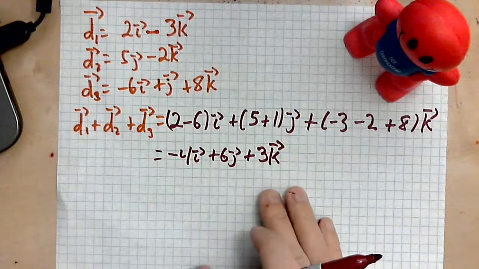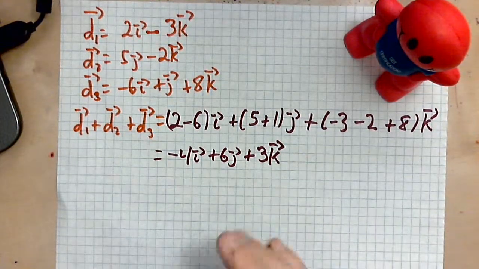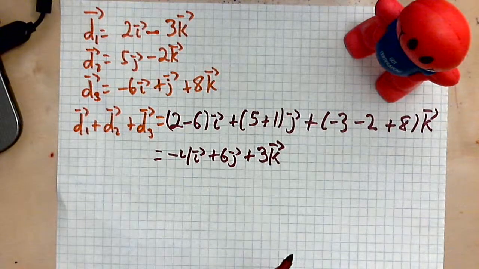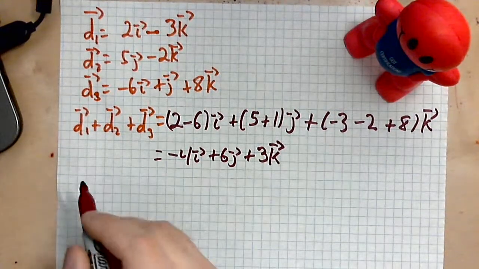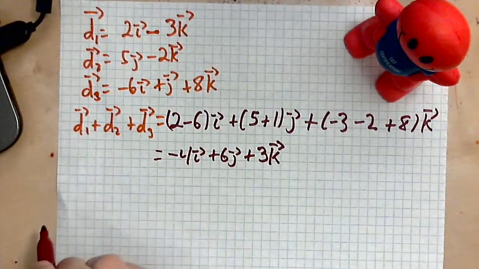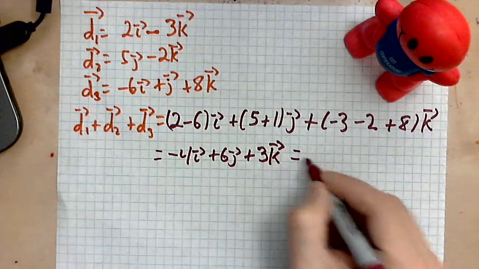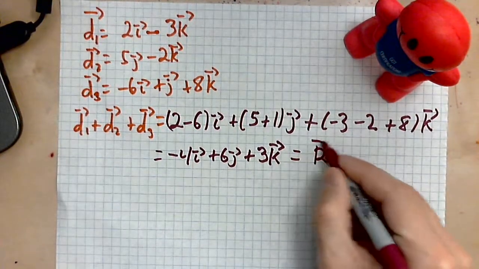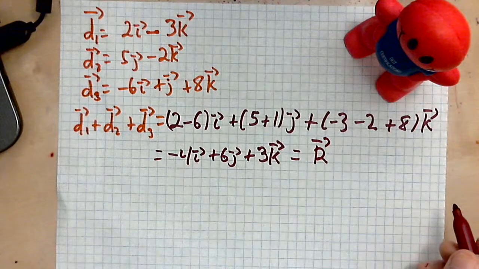And now let's see, is there another part to the question? Yes, you might find the length of this displacement, which we find using the Pythagorean theorem, as always, in 3 dimensions by writing, and we will call this R for resultant, with an arrow above it like this, okay?